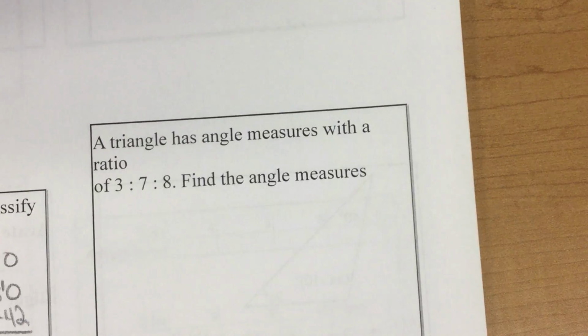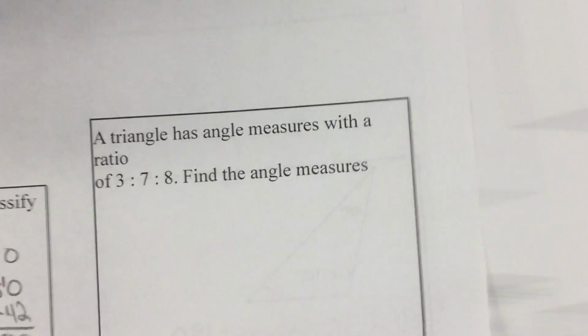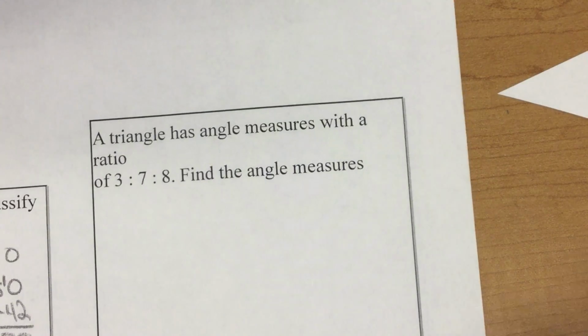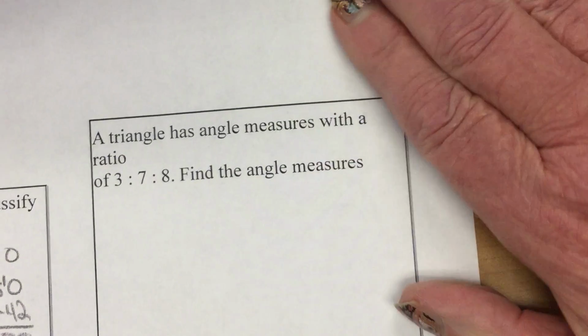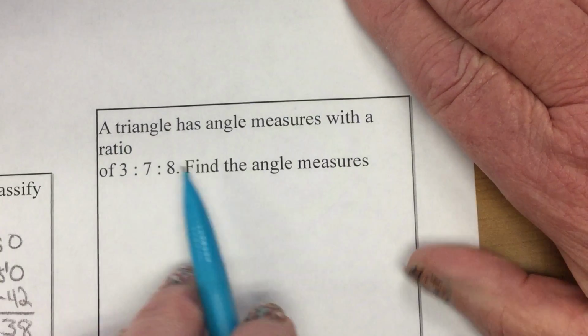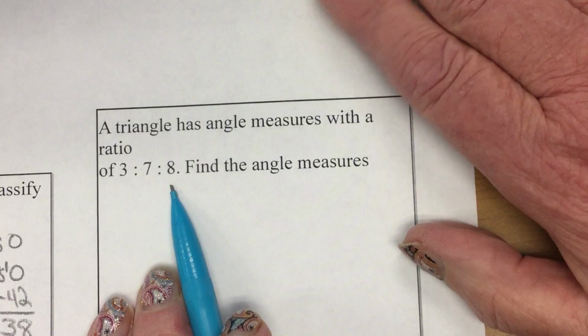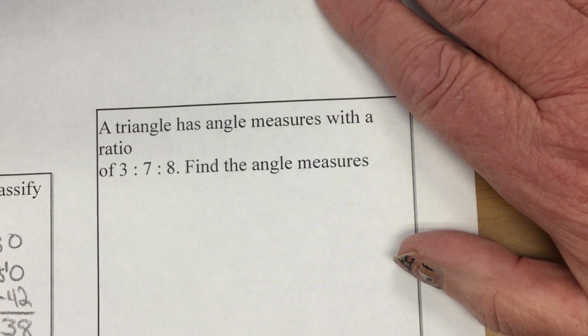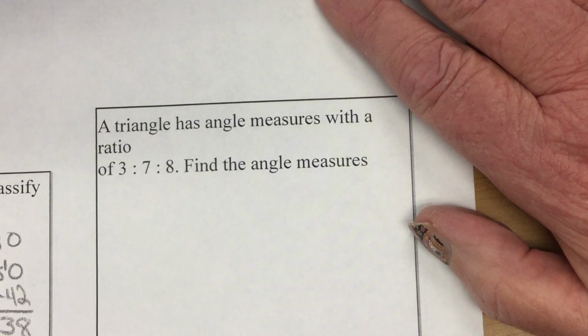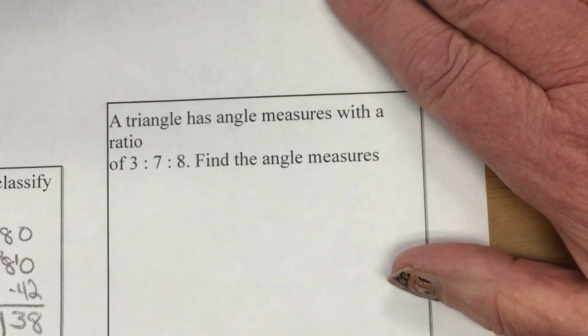Now, this one is kind of a tricky one, but it is very, very important. It's something you'll use lots in later math. A triangle has angle measures with a ratio of 3 to 7 to 8. Now, what we remember about ratios is that ratios have been simplified.